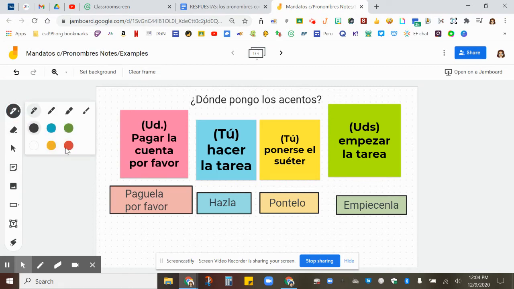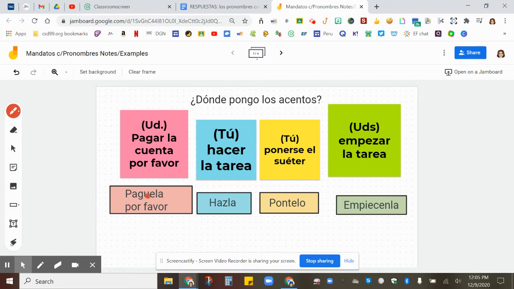I grab my handy dandy pen here and I'm going to make it red. Paguela. The rule says to cover up my pronoun, so I cover up the la, pretend it's not there. I divide it into syllables. Pa, gue. Gue is my last syllable.